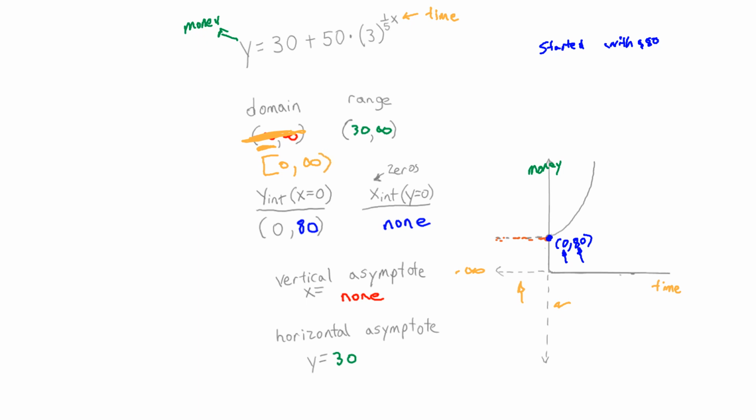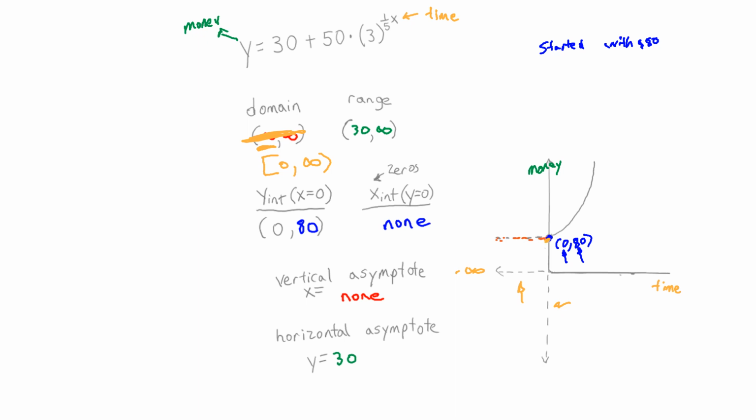The range would also be different in this real life scenario, because as opposed to the smallest value here being 30, because our graph is going to continue towards the asymptote, we're starting at 0.